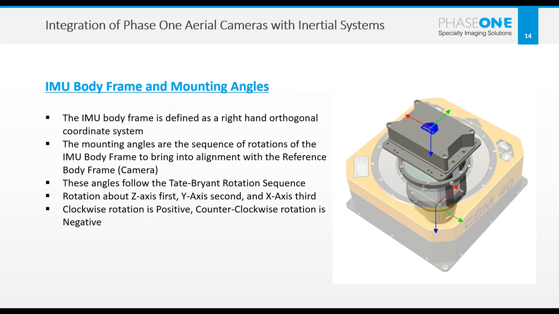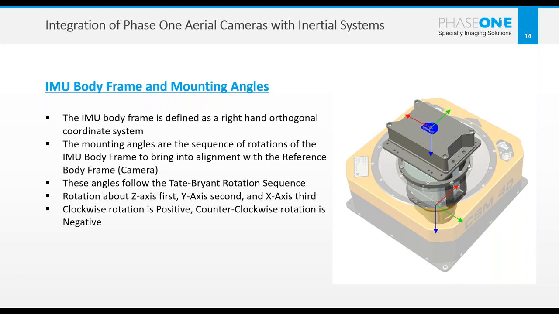So the most recommended setup, as always, is to make it simple and have both systems aligned, reference and IMU body frames aligned in the same direction. When you need to rotate more than one axis, you need to refer to the Tait-Bryan rotation sequence.